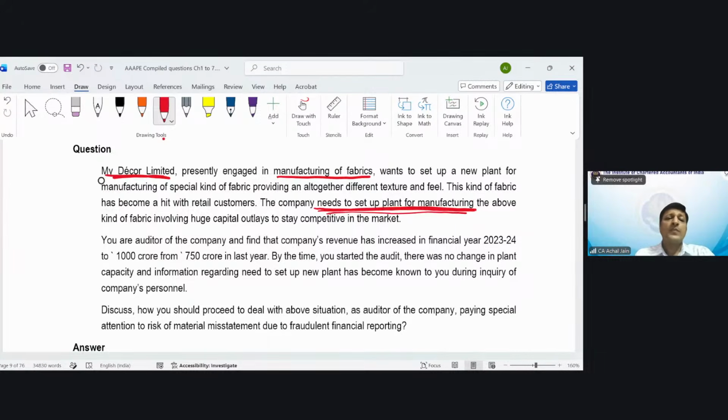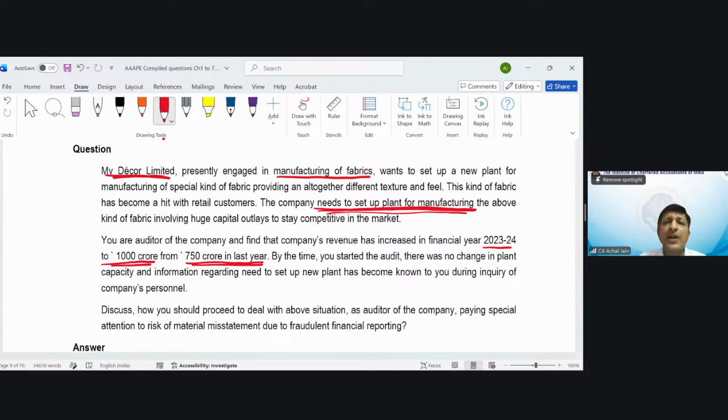You are the auditor of the company and find that company's revenue has increased in the financial year 2023-24 to 1000 crore from 750 crore in the last year. So that's the change you get to see. So it's a significant jump, right?